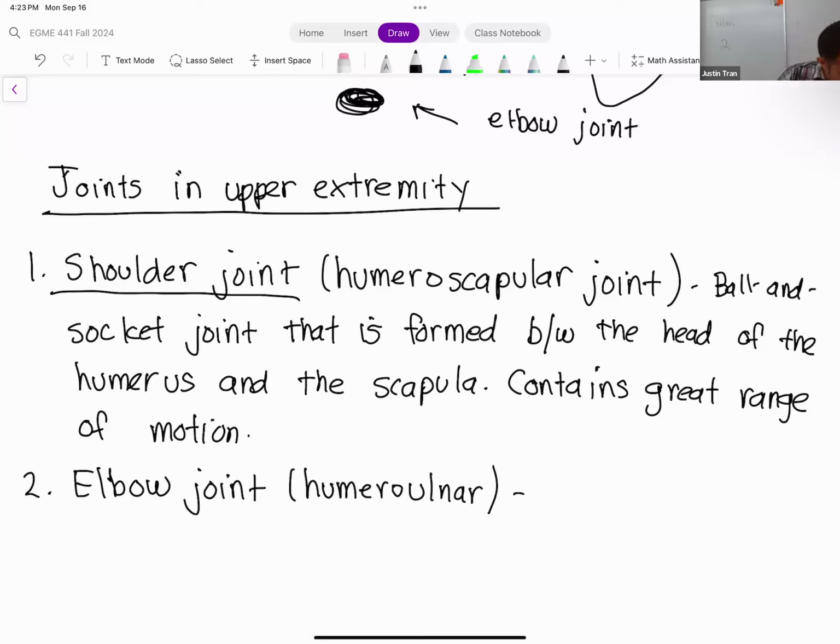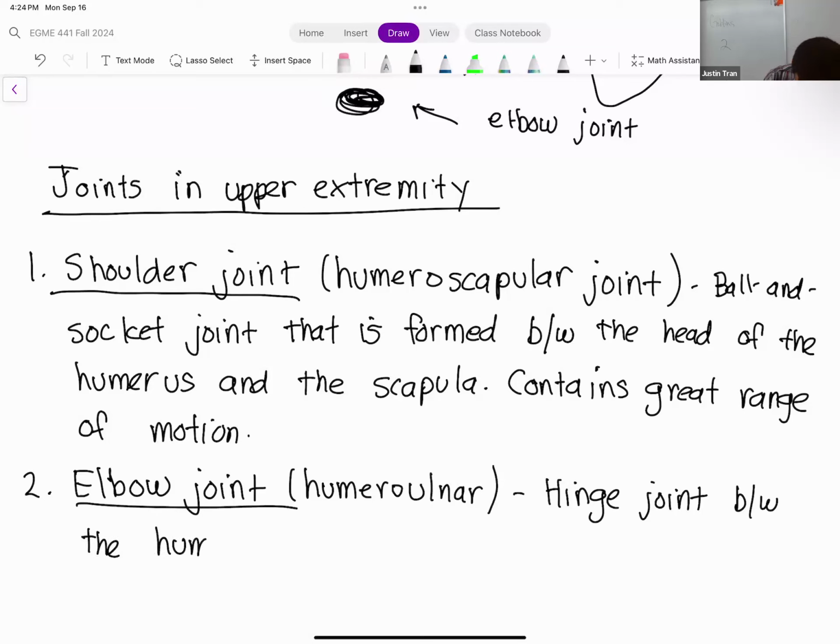So this is a hinge joint. Your elbow is primarily just a flexion and extension type joint.